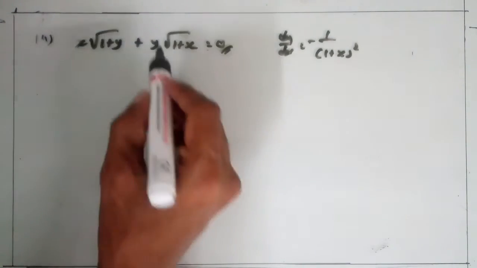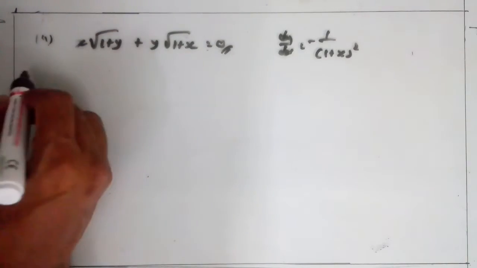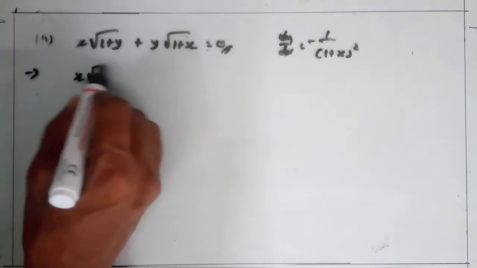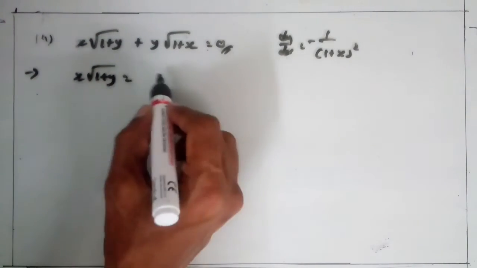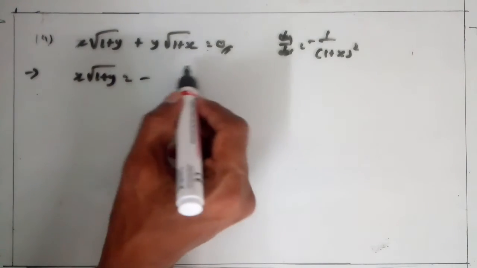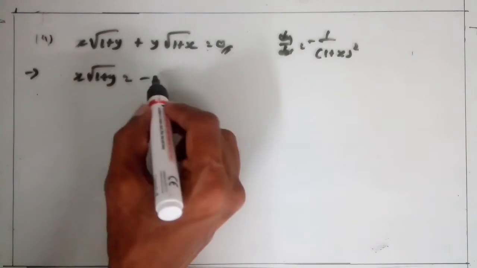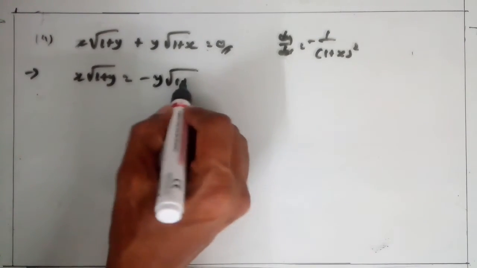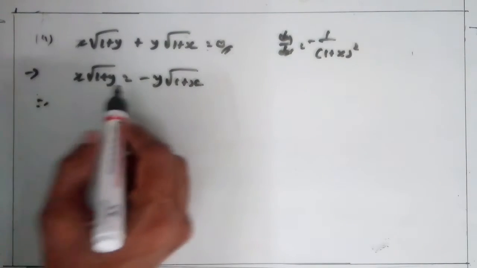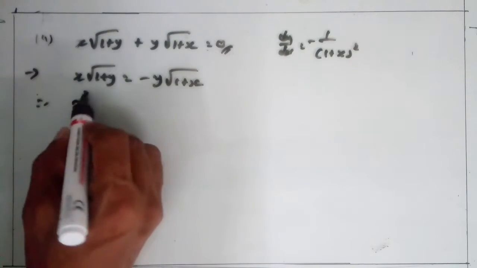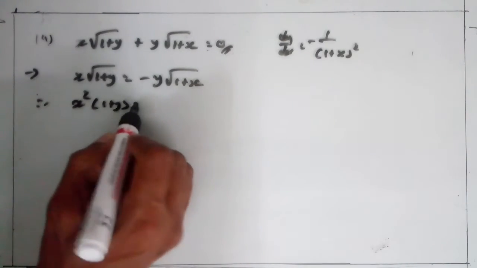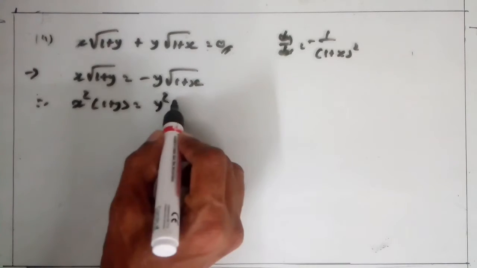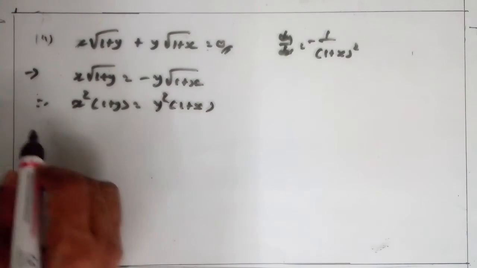First simplify this. So x root of 1 plus y is equal to, taking this term to the other side, minus y root of 1 plus x. Now apply square on both sides, so x square into 1 plus y is equal to y square into 1 plus x. Clear?